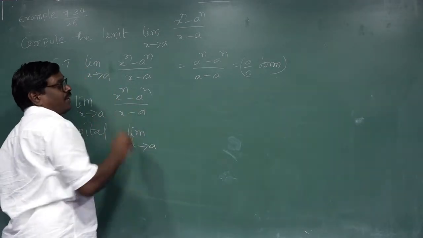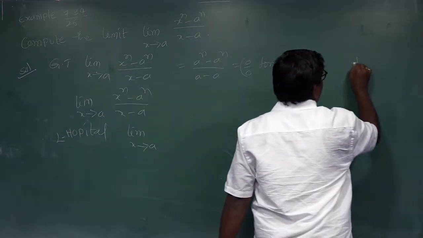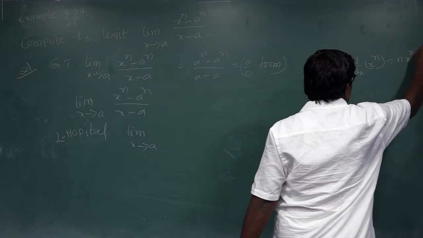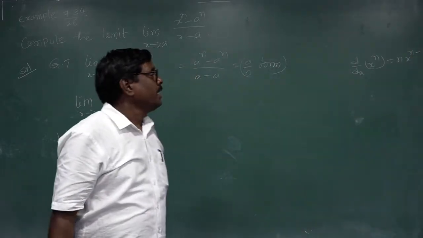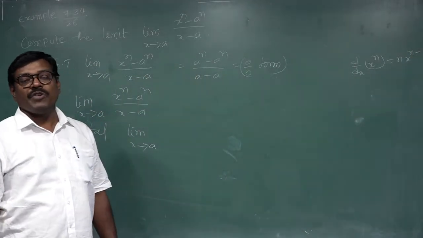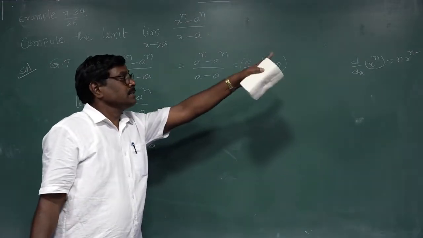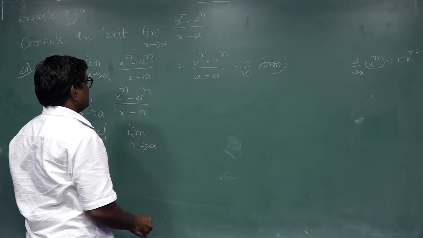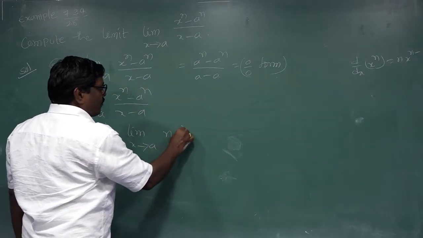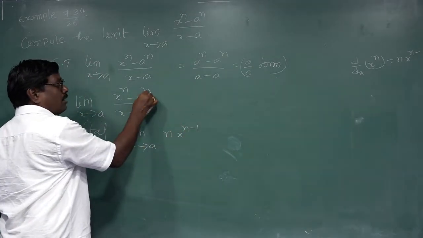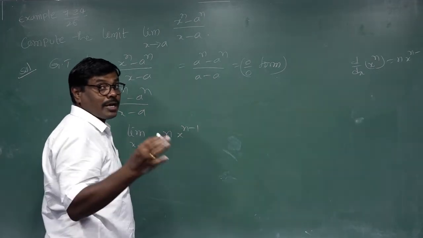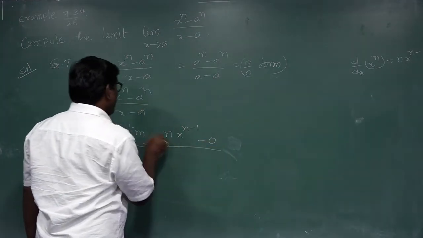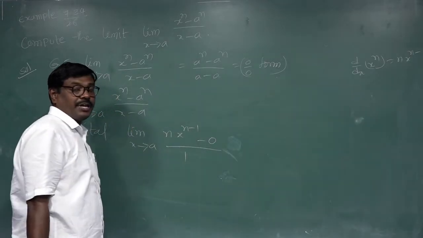This is the derivative formula for x^n: d by dx of x^n equals n into x^(n minus 1). The derivative of the constant a^n is 0, and the derivative of x is 1.